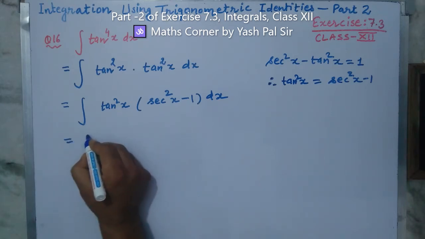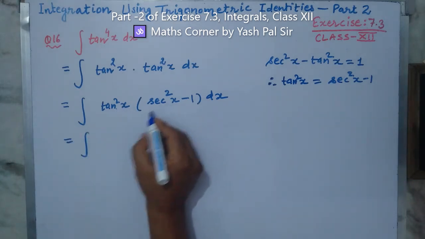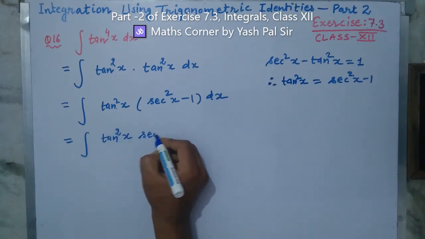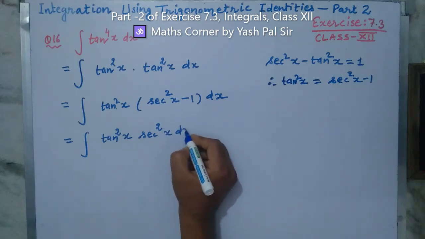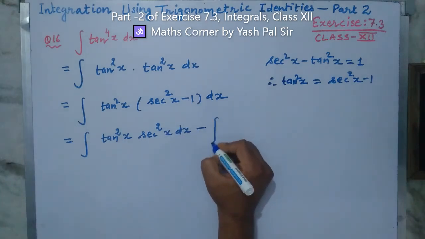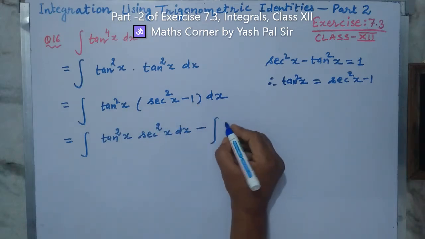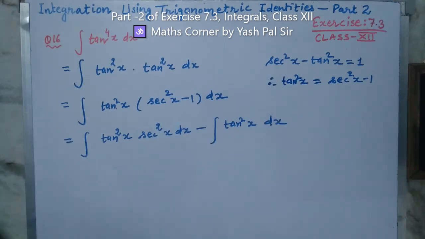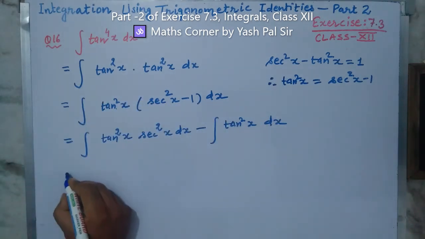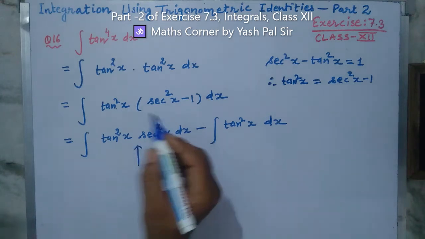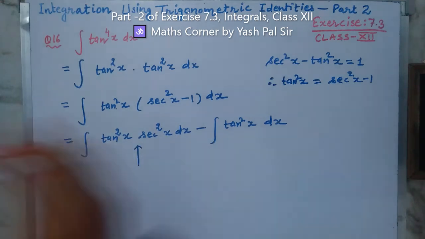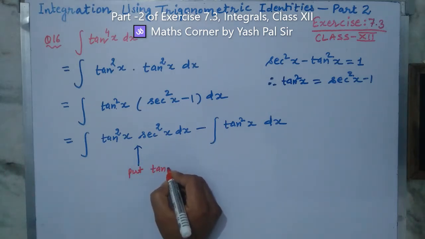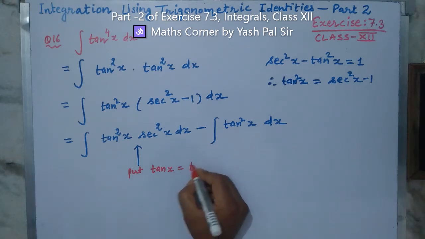In the next step we write this equal to multiplying here tangent square of x into secant square of x into dx. Next is minus tangent square x into 1 into dx. So this way again here what we do, in first integrand we put here tangent of x is equal to t.